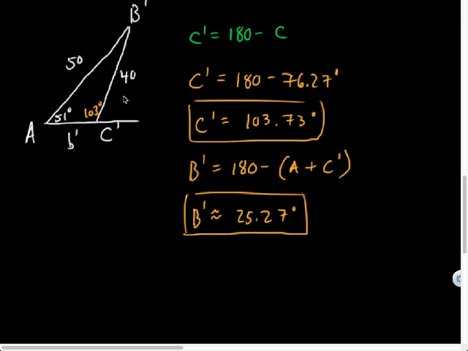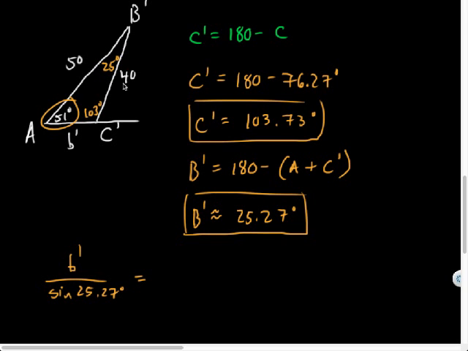And now, how could I find little b prime? Law of sines. So little b prime over the sine of big B prime, sine 25.27 degrees, equals, and I'll compare it to the ratio of the a's.